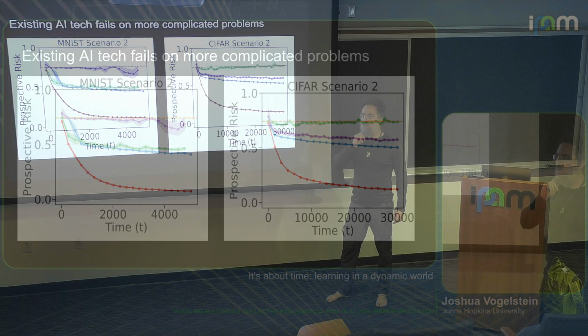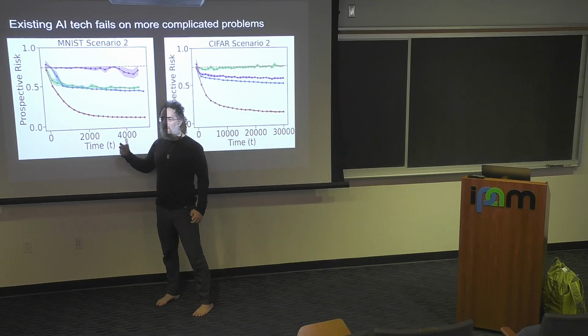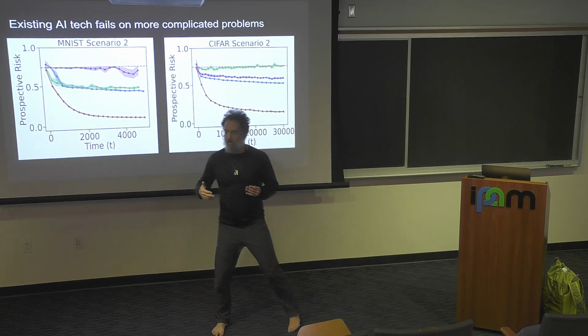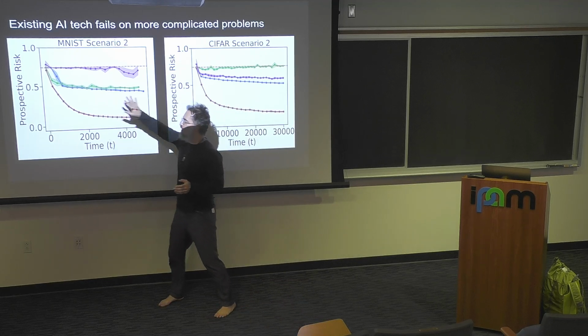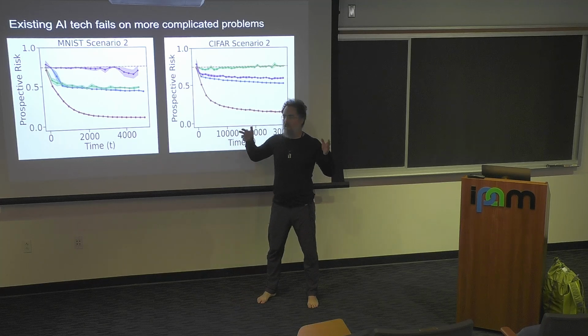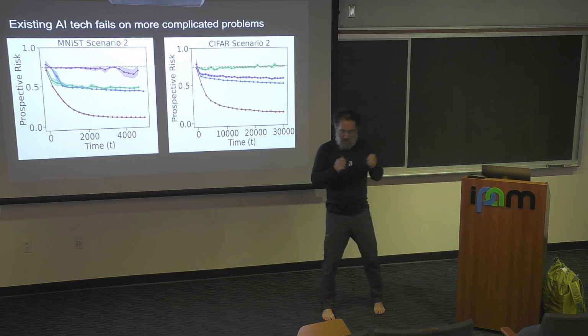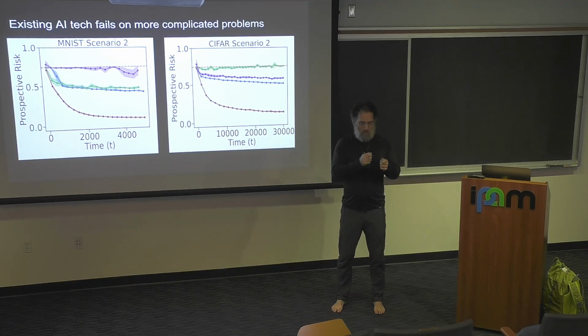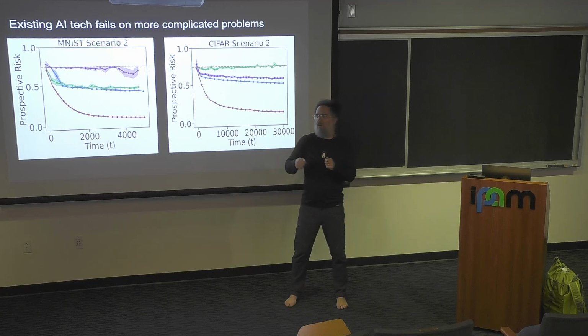Is there a temporal element to these data sets? No, so we faked it with time, just the way people do it in lifelong learning, continual learning. In both of these cases, there are actually 10 classes. Task 1 is classes 0, 1, 2, and 3. Task 2 is classes 2, 3, 4, and 5.